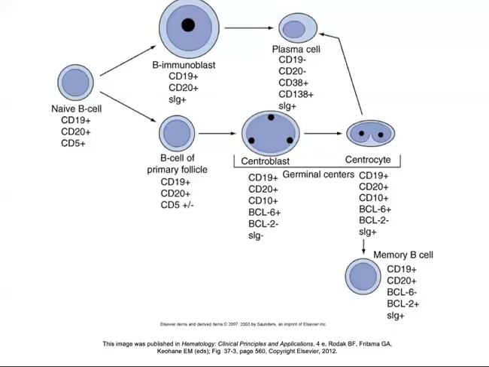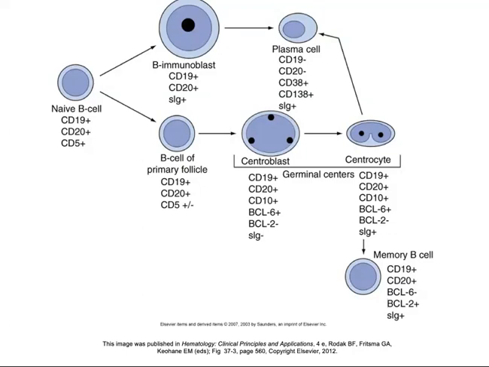It is important to understand lymphoid differentiation so that we can understand lymphoid neoplasms. So this is B lymphoid differentiation. As the B cells mature, they express changes in their immunophenotype, and each immunophenotype will be a little different at each stage.